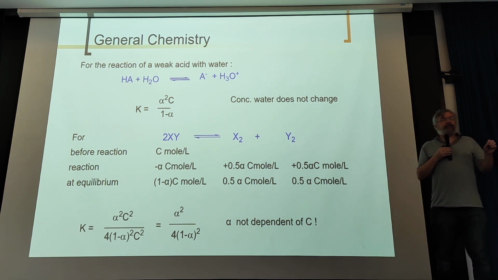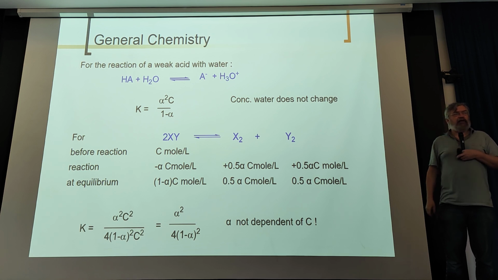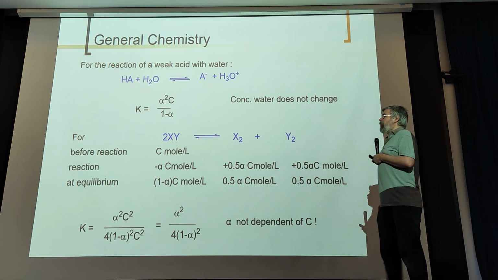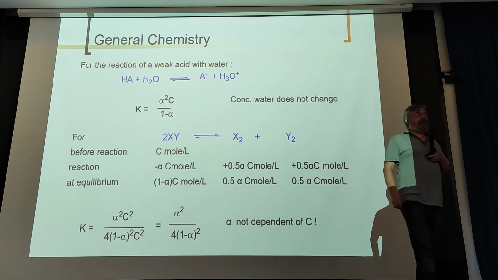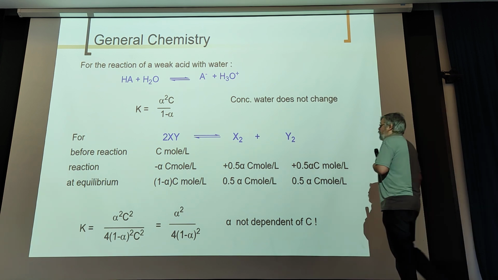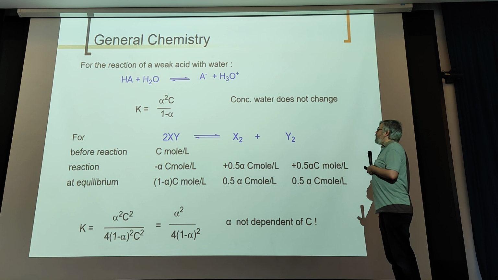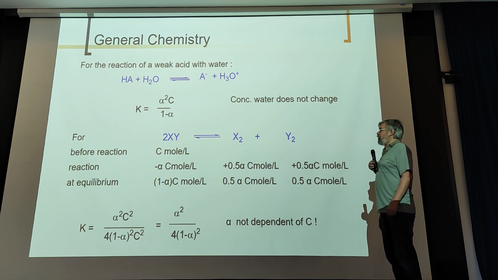The concentration of water is not important, it's a liquid, it doesn't change. So only the concentration of HA is important. After the reaction we have 1 minus alpha of the concentration of HA. Alpha A minus is formed and alpha H3O plus. So now we get alpha square concentration over 1 minus alpha. So that's the way to convert it.